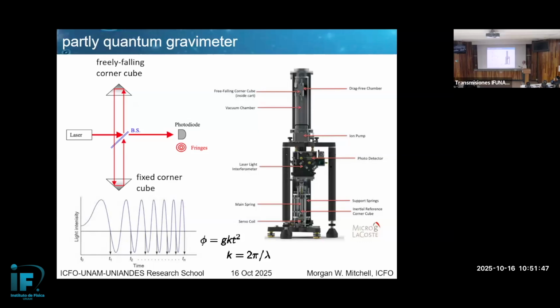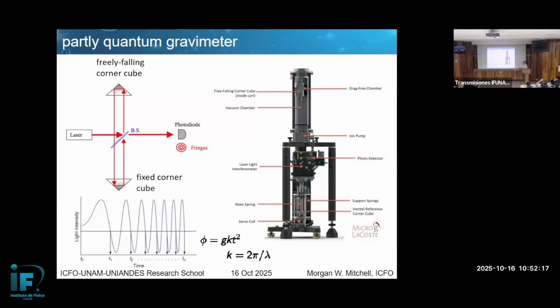Okay, so this is a falling corner cube interferometer. There is a laser which hits a beam splitter. The big beam splitter is fixed in place. One beam goes to the photodiode, another beam goes up, reflects off of this corner cube, reflects off of another corner cube, and gives you fringes here. And then the photodiode tells you what the difference in phase is between this path and this path. And then you drop the corner cube, and you see those fringes change in time.